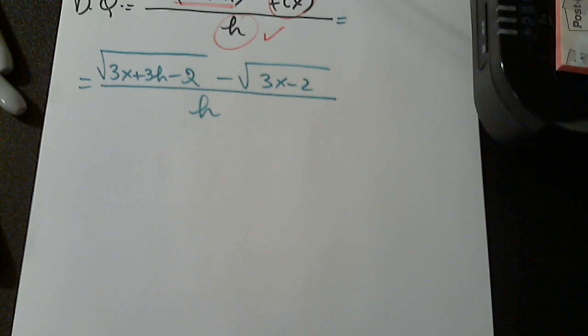Anyone think of any procedure that we learned a long time ago for eliminating denominators that have radicals, in this case numerators that have radicals? Anyone remembers?